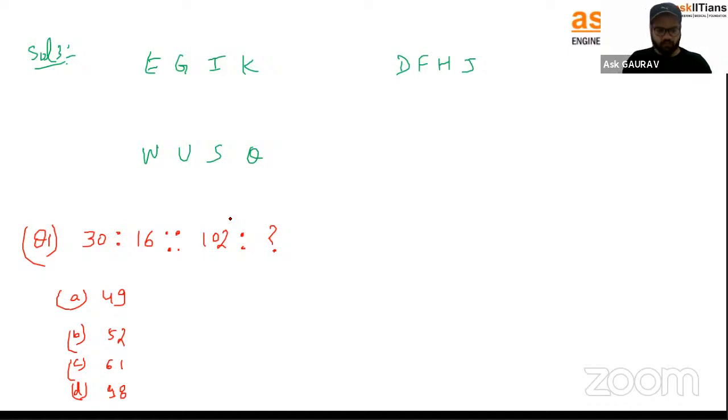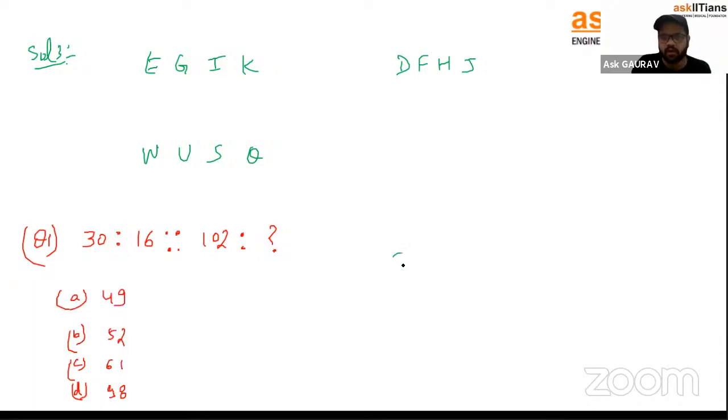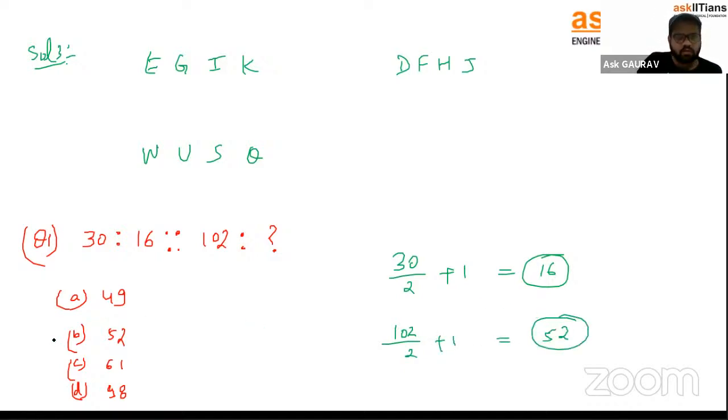See, this is easy. How you go from 30 to 16: 30 divided by 2 plus 1 is 16. And 102 divided by 2 plus 1 is 52. So option B is right. 52 is the right answer. Got it?